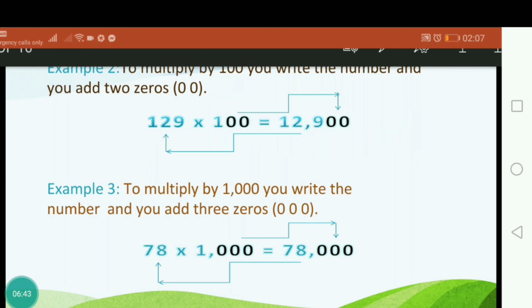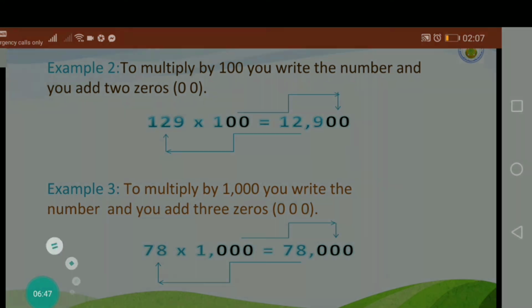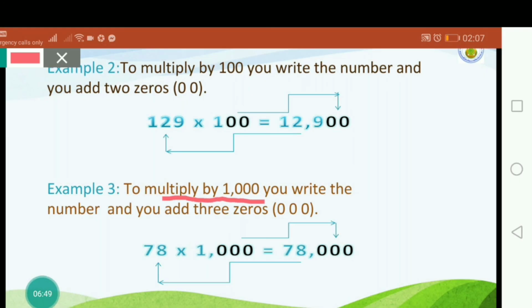Example number 3. Let's multiply by 1000. For example, we have 78 times 1000. So 78 times 1 is equal to 78. How many zeros are there?